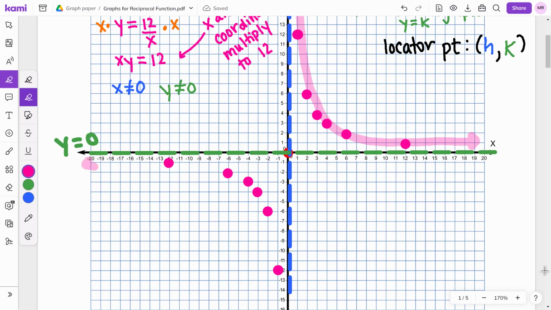And so I'm going to have this graph. And together, these 2 branches make up my reciprocal function.